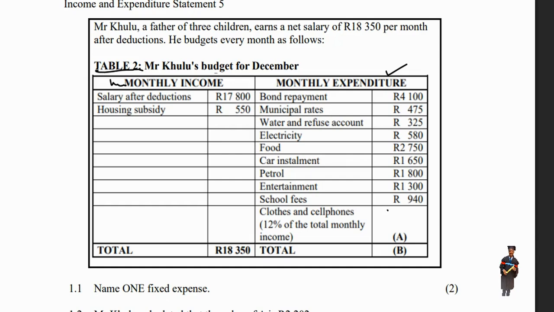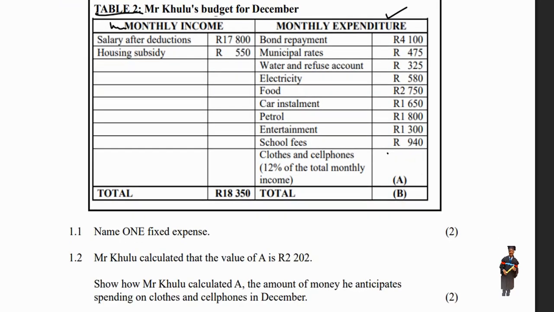Okay, we have bond repayment, of which he spent 4,100 rand, municipality rates 475 rand. As you can see, there is no need for us to read it out. Let's simply save time.